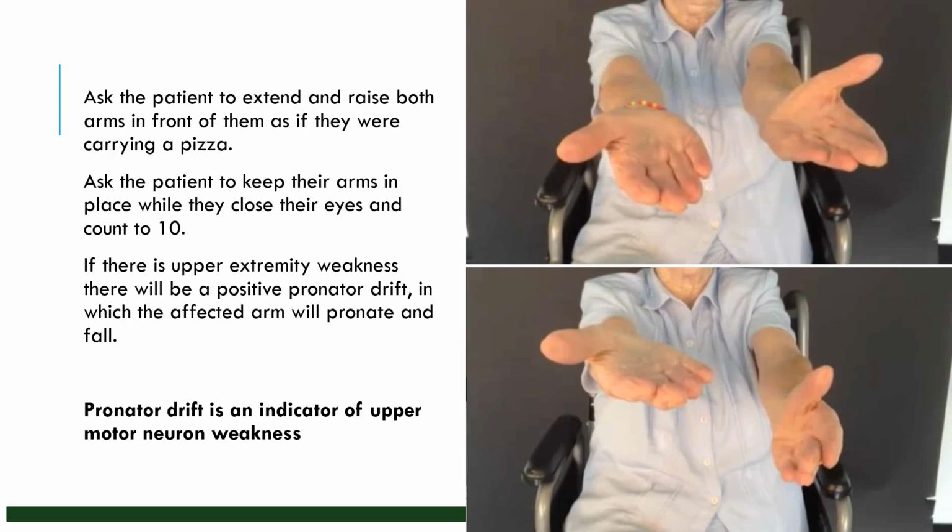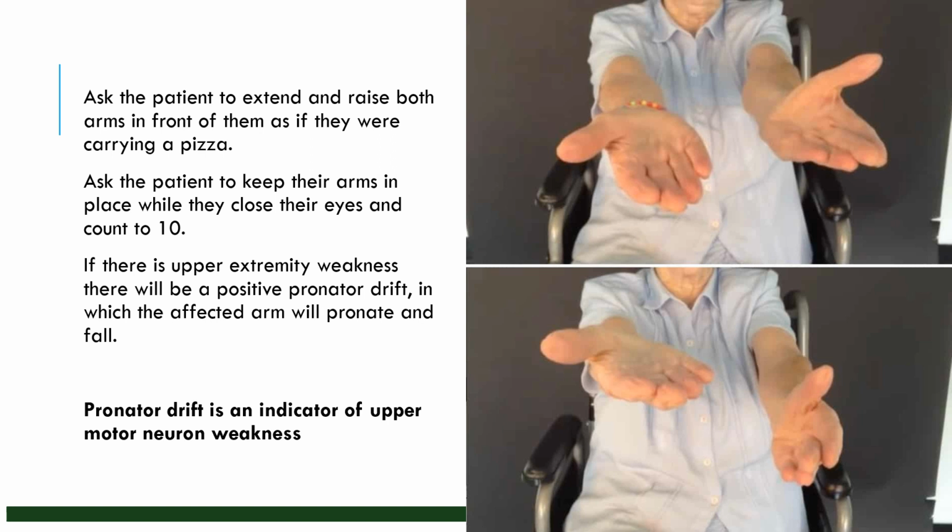There's something called pronator drift, which is a way of assessing upper extremity weakness that's somewhat subtle. You have the patient close their eyes, hold their arms out right with the palms up, and then just count to 10.